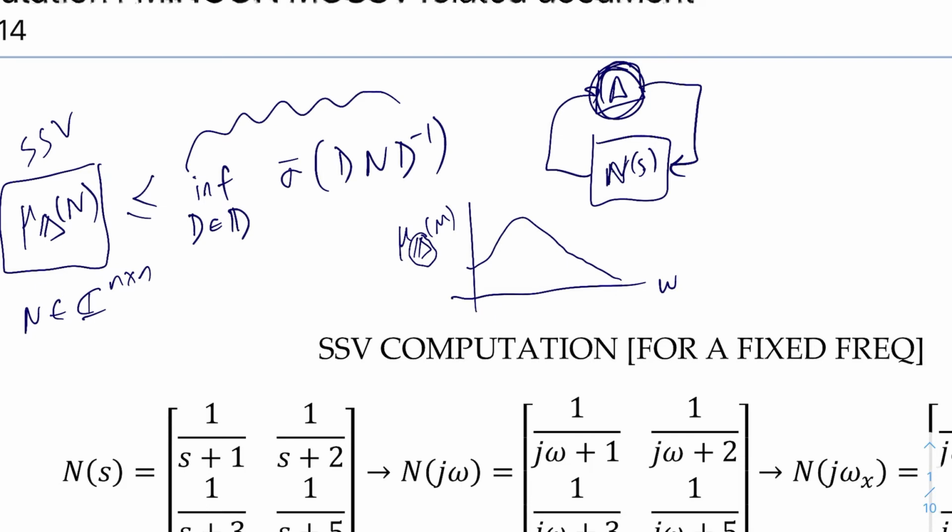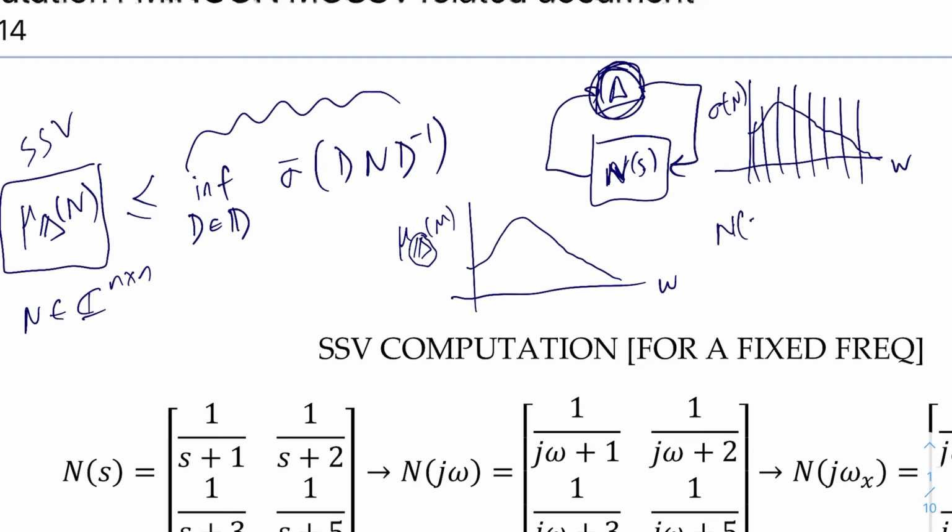We have N of s. Again, what we do in the sigma plot, for example, we have N of s, and for each given frequency, let's say j omega 1, we have an n by n complex matrix.